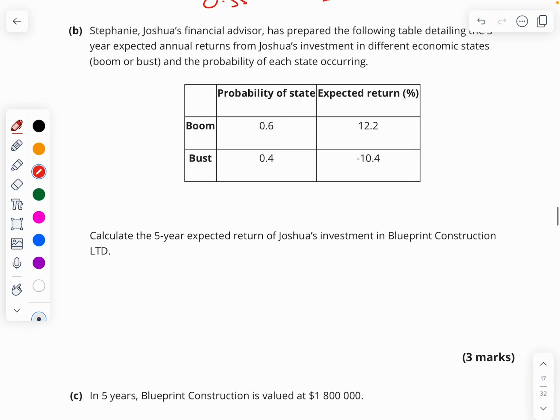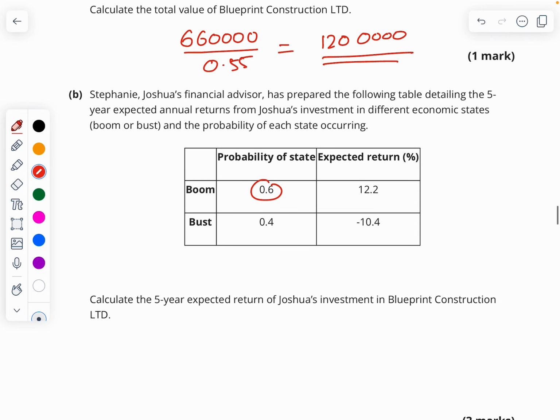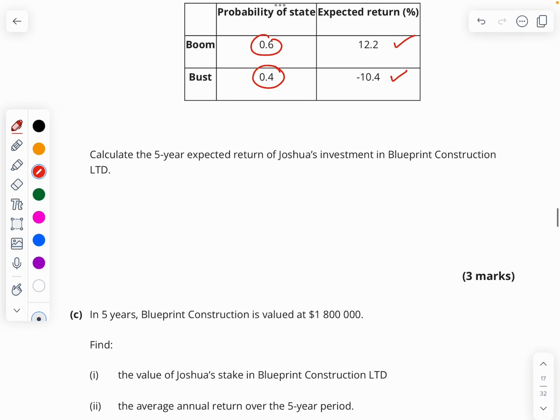So there is a 0.6 chance for boom, where the expected return is 12.2, and a 0.4 chance for bust, where the expected return is negative 10.4. So 0.6 times 12.2 plus 0.4 times negative 10.4. So its value is going to be 3.16%.